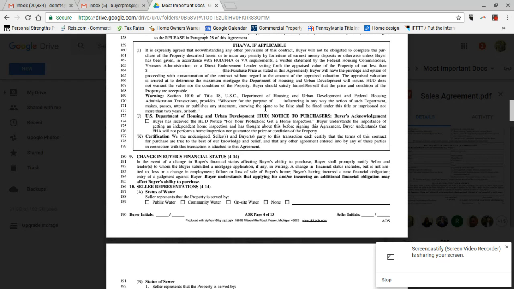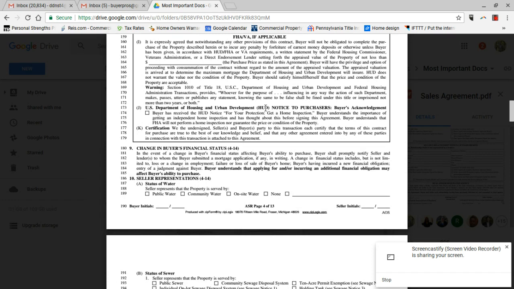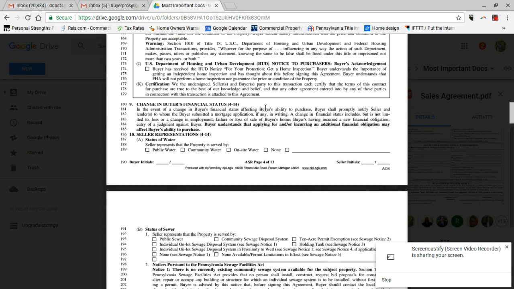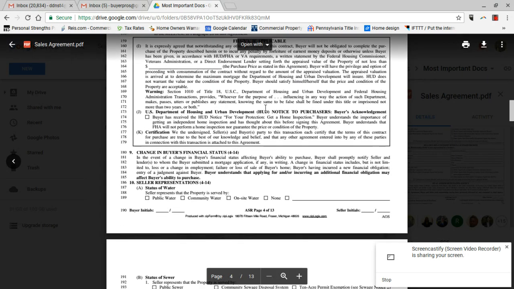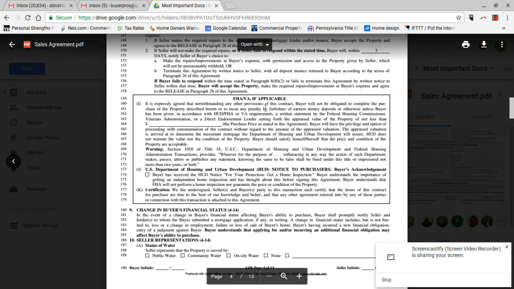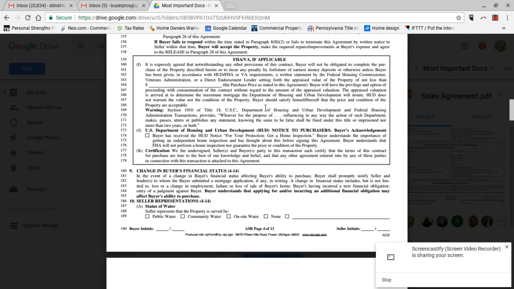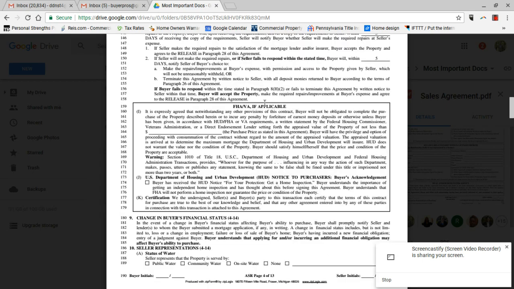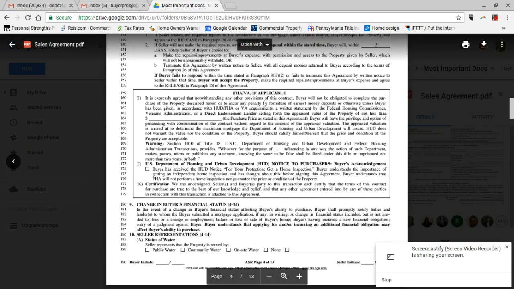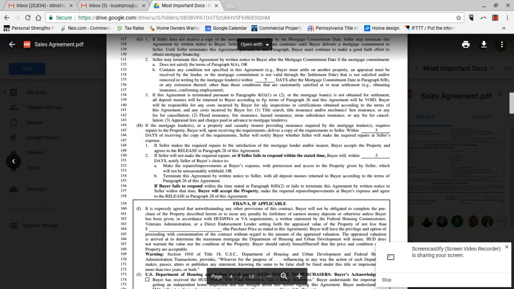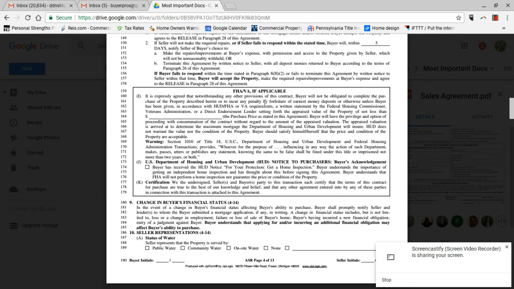So 20 grand to an investor, if they want to make an extra 20 grand and they are ticked off at you, they're going to drop you. So your loan here, we're still going into loan stuff. If it's a FHA or VA loan, fill this out.